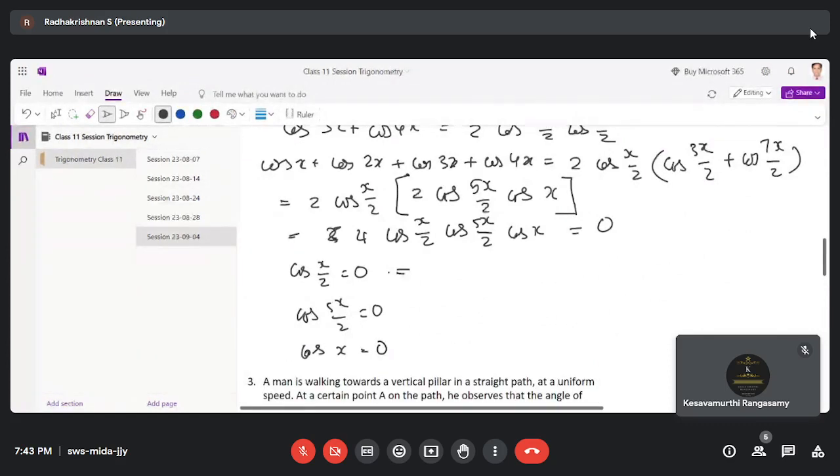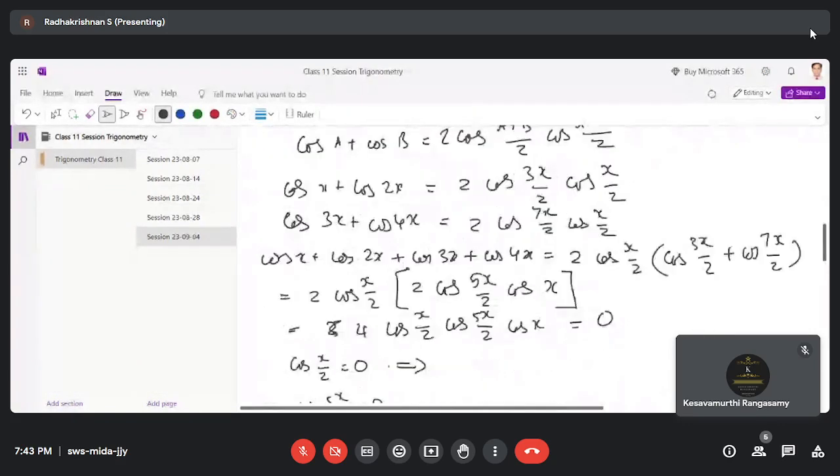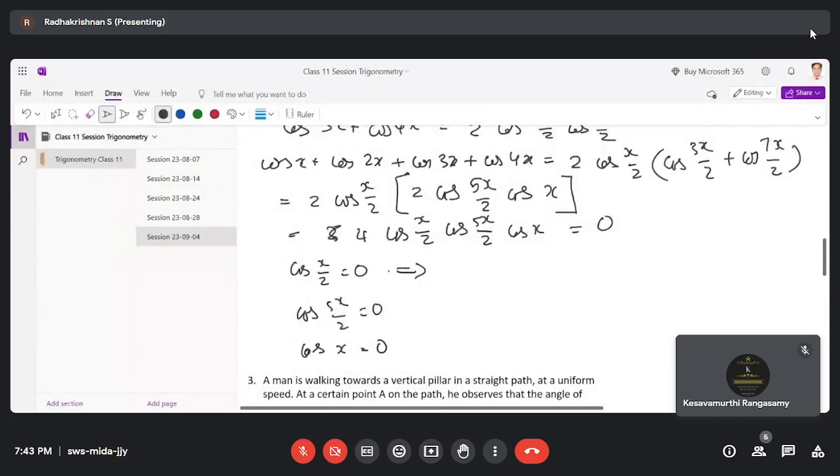So what are the solutions for this? Cos x by 2 equal to 0 and x is in the range 0 to 2 pi. This means x by 2 is equal to pi by 2, right?